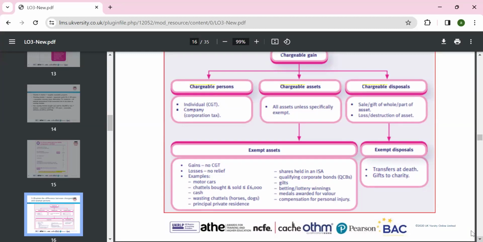For exempt assets there is no CGT on gains and no relief for losses. Examples: motor cars, wasting chattels, horses, dogs, the principal private residence, and shares held under an investment scheme, because that is a special government scheme.